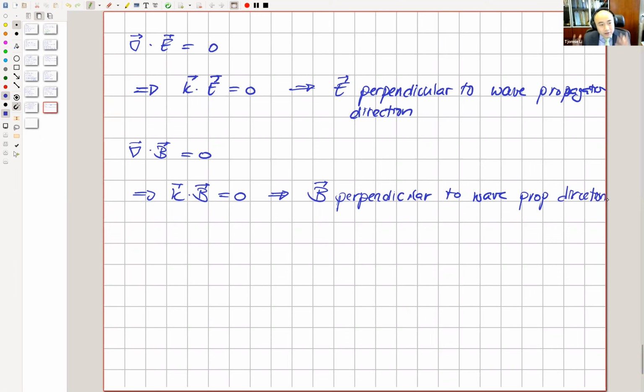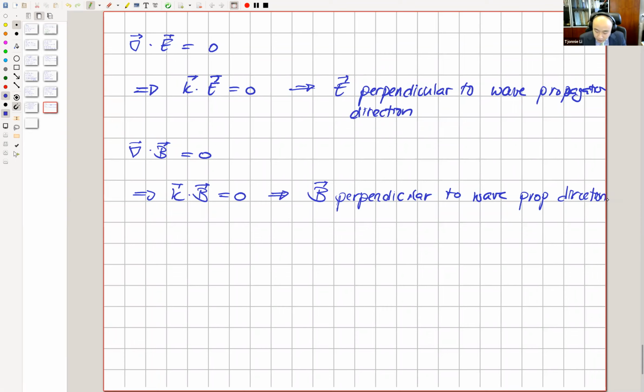So we now have a system where B and E are transverse waves. This simply flows out of Maxwell's equations by assuming that the solution is a wave solution, or a plane wave solution.